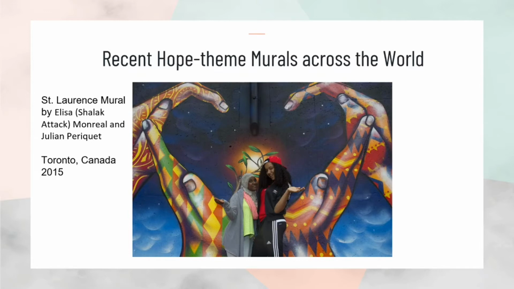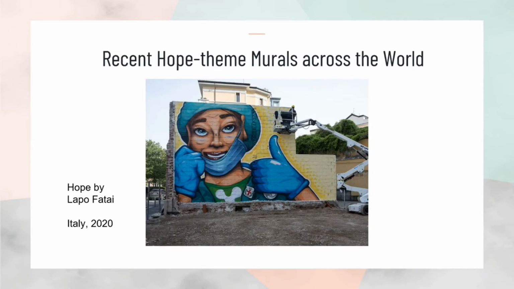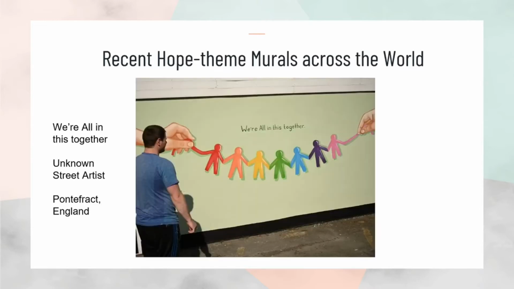They did this with their basketball court area. Then we've got Hope by Lapo Fatai in Italy, done this year. We've got an unknown street artist who would put up these paintings in England. It's called We're All in This Together.